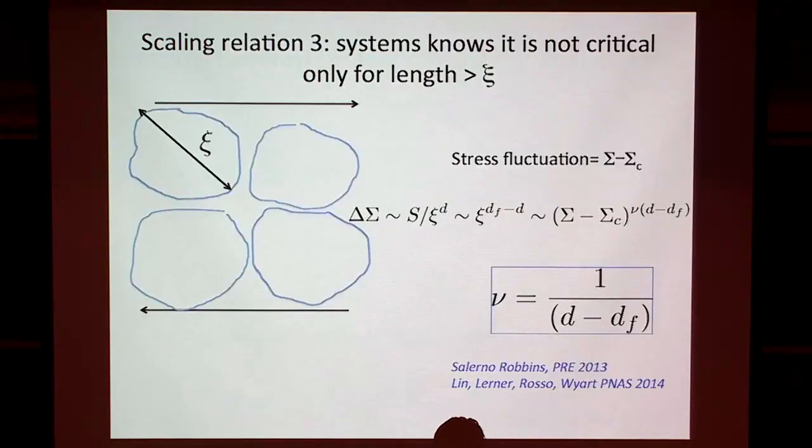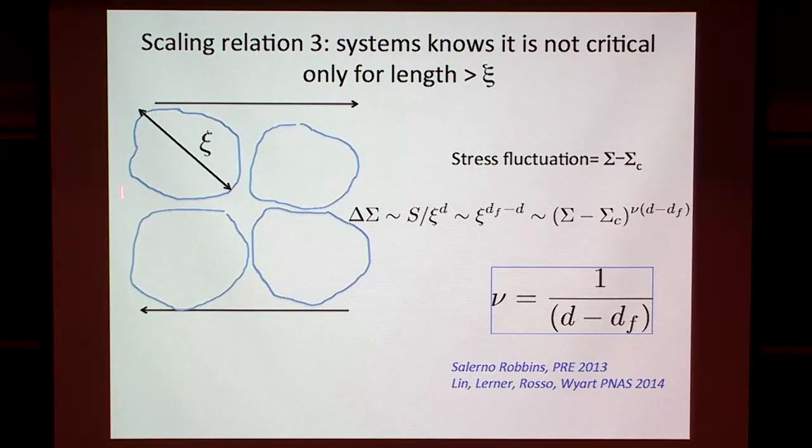Okay, and then there is the last scaling relation, sort of hyperscaling relation. And the idea is that on the length scale psi, the stress is going to fluctuate due to those big avalanches. And you are requiring that those fluctuations of stress, delta sigma, coming from avalanches, are directly proportional to the distance to threshold. Right?